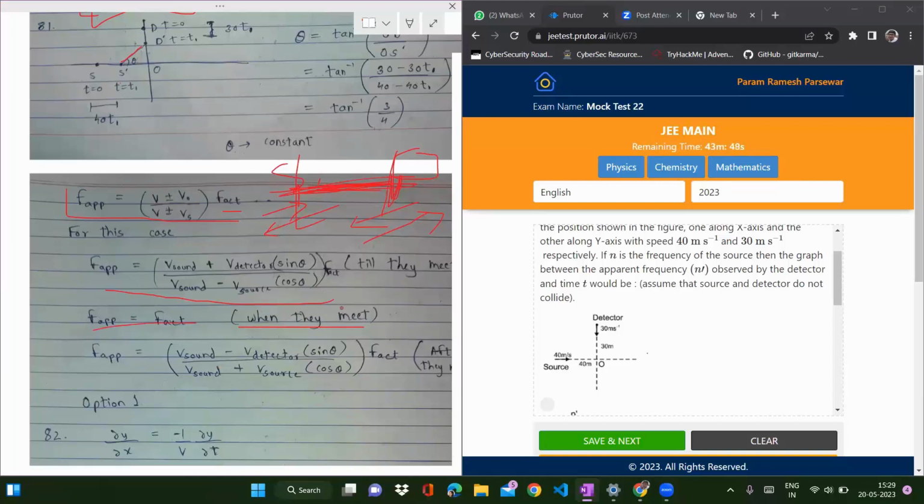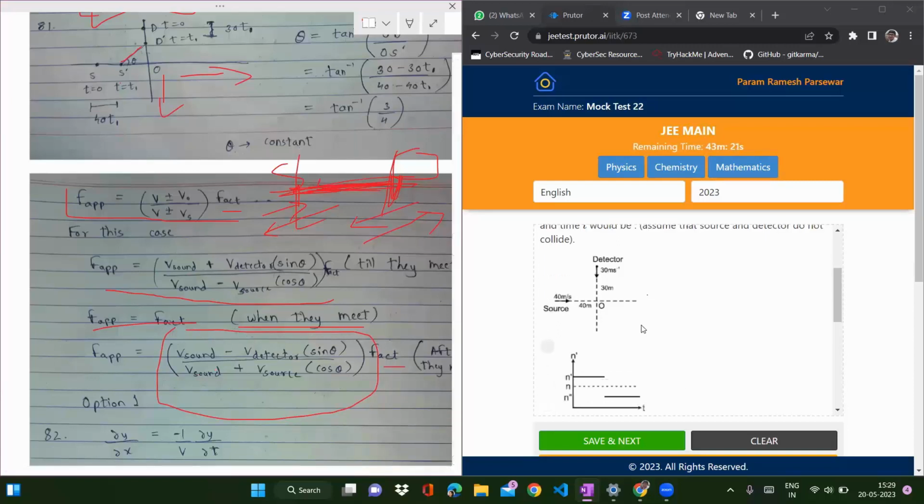And after they meet, they will go away, meaning D will go in this direction and S will go in this direction. In this case, they will be moving away from each other. So the expression for f apparent will be like this, and it will be less than the f actual. But whatever the case may be, the frequency is constant.